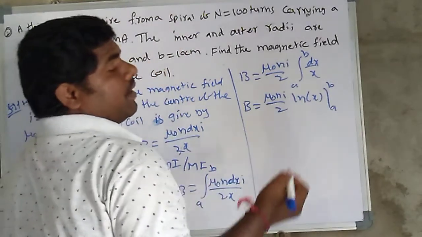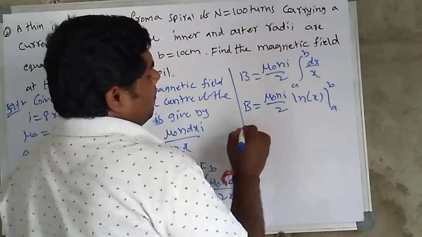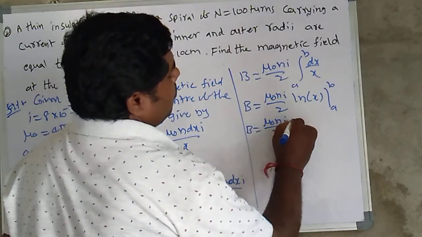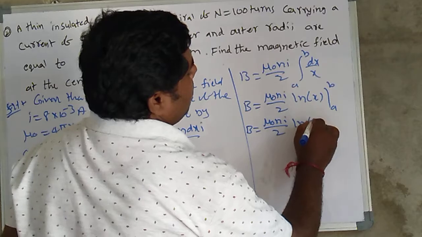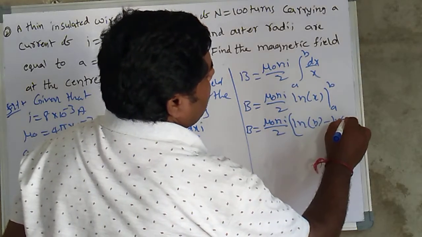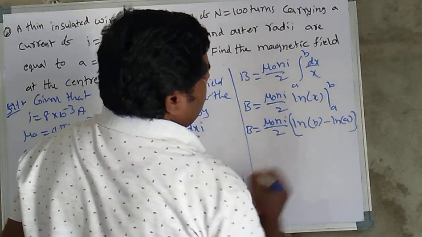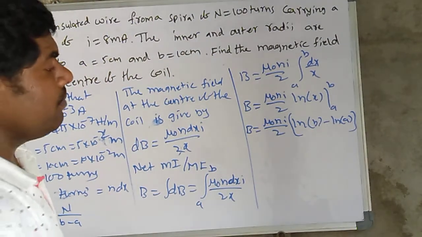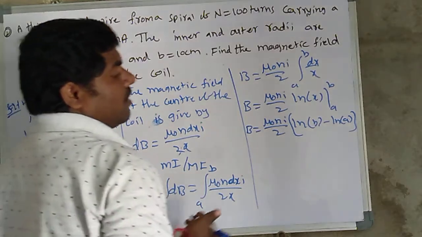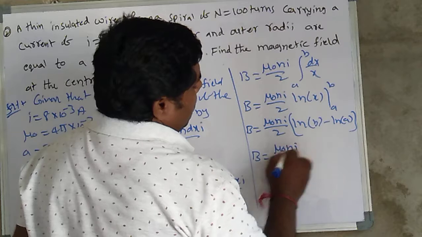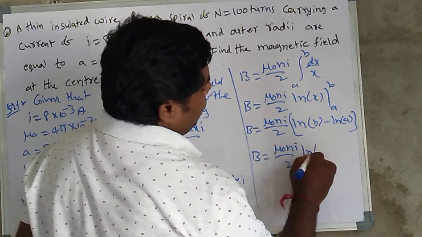So upper limit minus lower limit: B is equal to mu naught n I divided by 2 into log of b minus log of a. Log a minus log b is log a by b, but here log b minus log a, that's why log b by a.